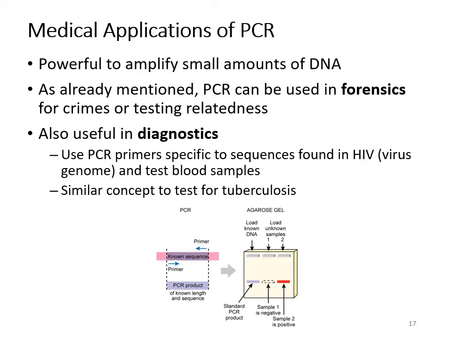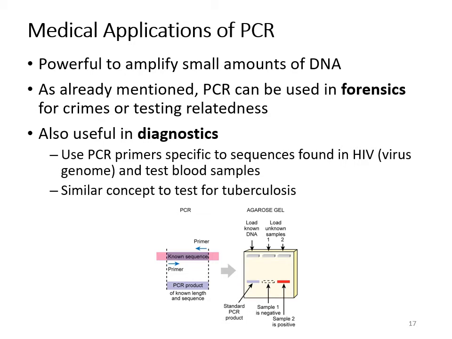It's a very powerful technique because you're able to amplify or make copies of very small amounts of DNA, which is great in forensics, especially since at a lot of crime scenes, you're not getting a lot of DNA or it's been highly contaminated. So this allows you to amplify your sample to work with.